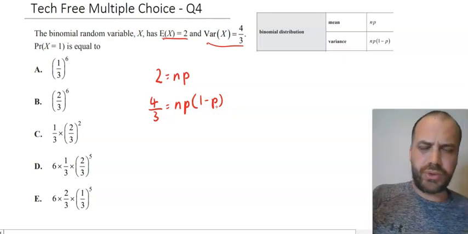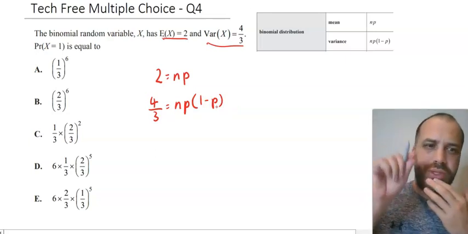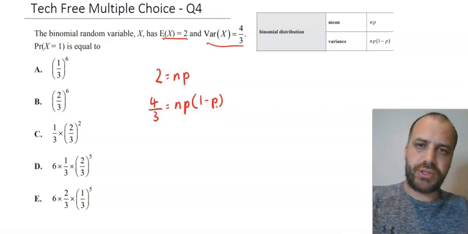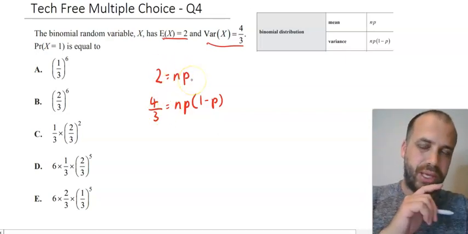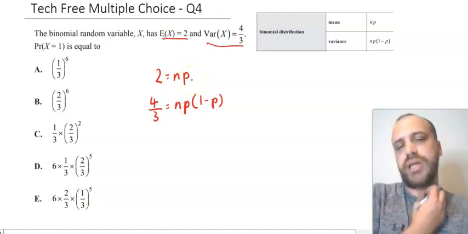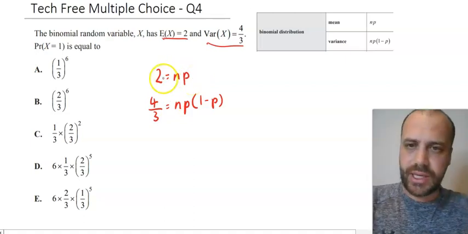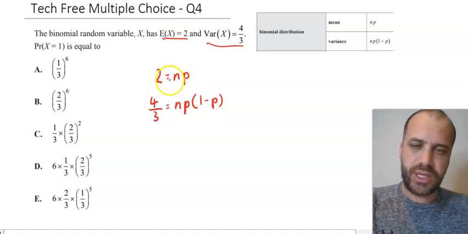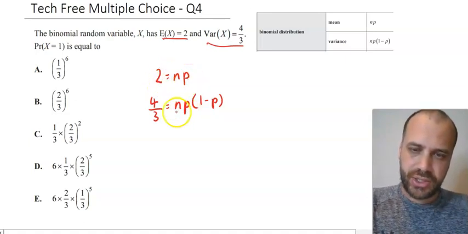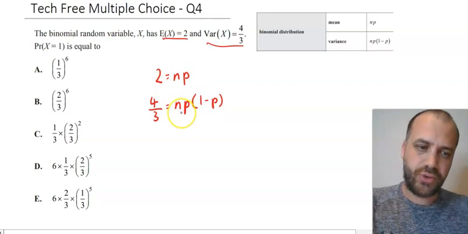So what do we do from here? Well, we can do a really clever trick here because we've got two equations in n and p. I'm going to do a simultaneous thing here where I substitute 2 for np, because 2 is equal to n times p, and n times p appears in this formula.